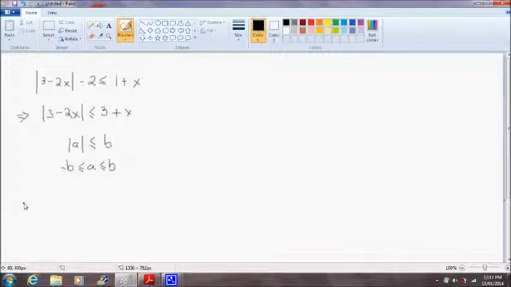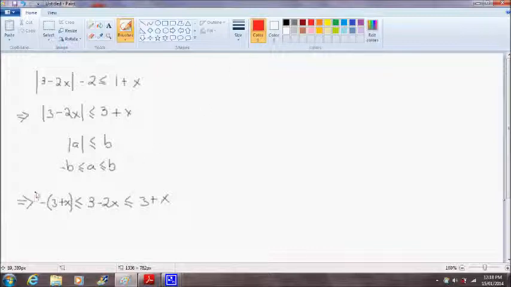Okay, so with that we can rewrite our inequality as 3 minus 2x is less than or equal to 3 plus x, but at the same time it's also greater than or equal to negative 3 plus x. Now we have an inequality that we can solve.